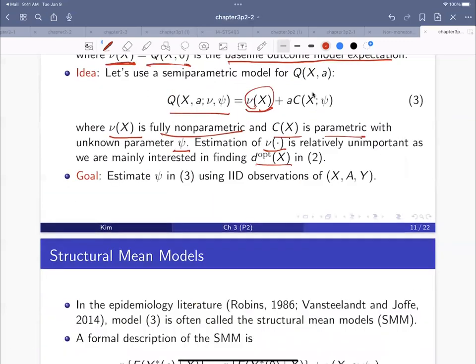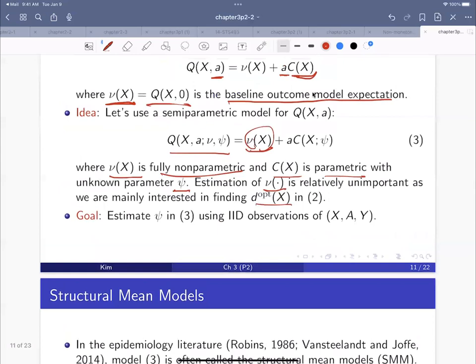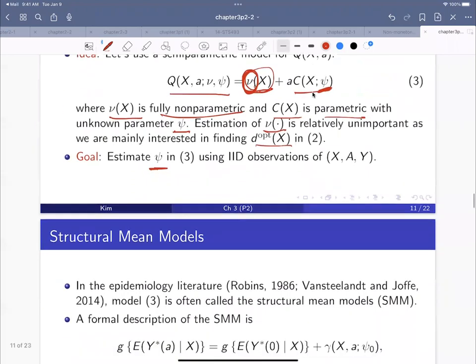So we are not really worried about the exact estimation of nu, but we want to be very careful in estimating the contrast function. If the model is correct, we only have to estimate psi carefully using the IID observations of the data.